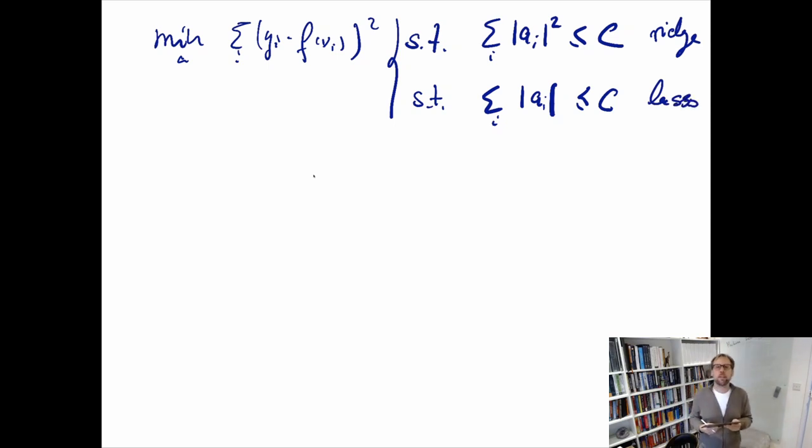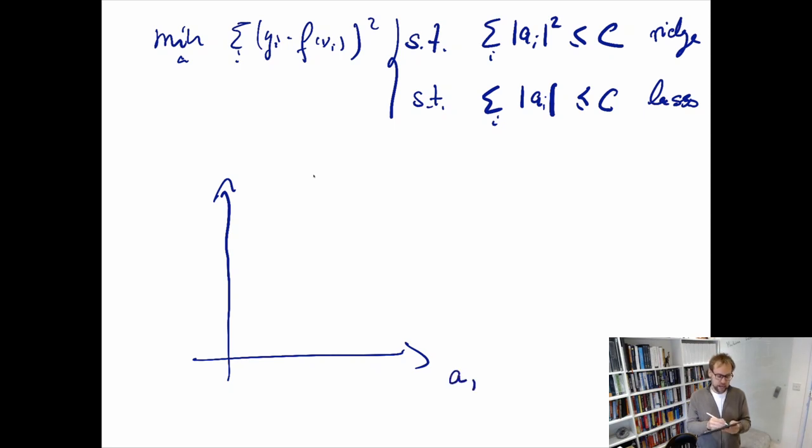To see the difference, it's easiest to draw a picture. So let's just assume, for the sake of the picture, that we only have two dimensions, two predictors, whose coefficients are A1 and A2. If we just look at this optimization problem, let's just look at the loss function and ignore those constraints for a moment.